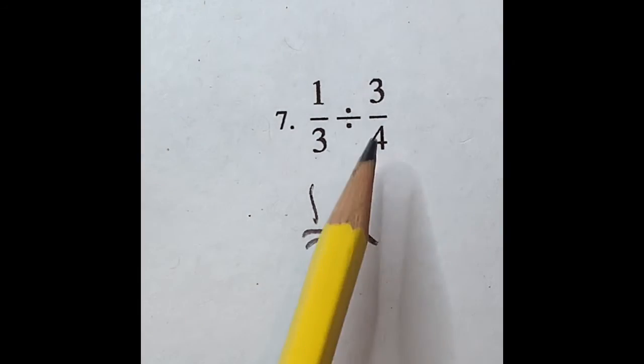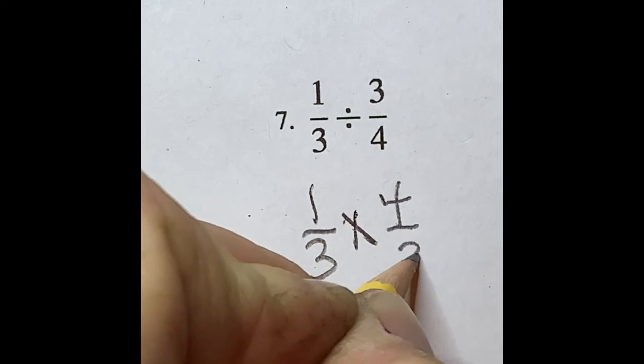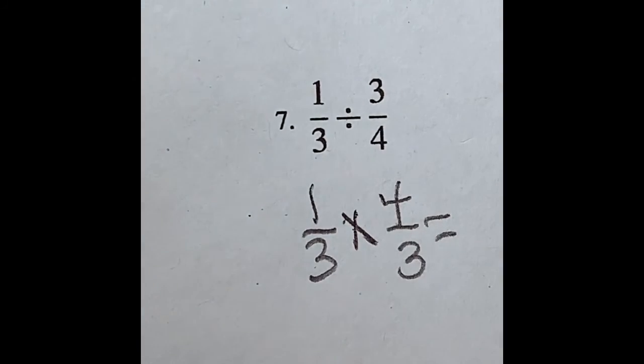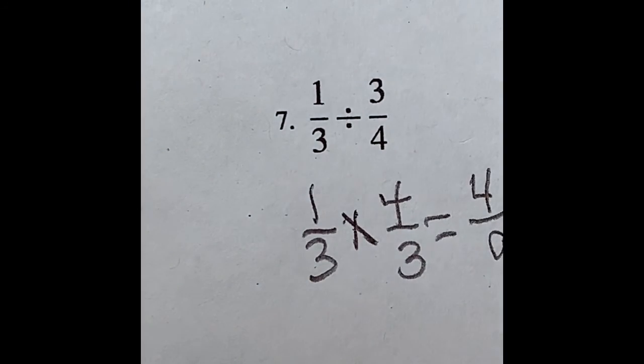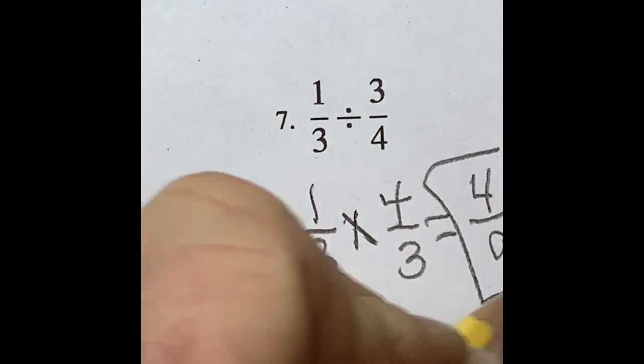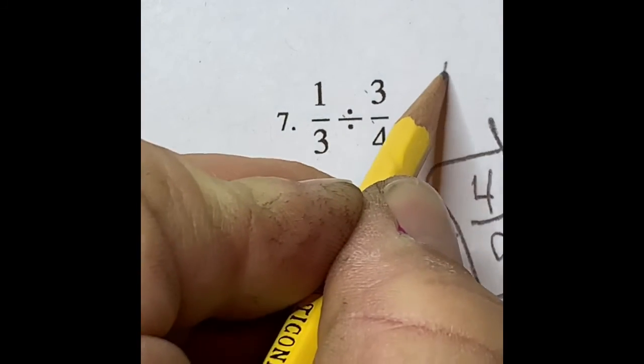Yes, into 4/3. Okay. All right, let's do the math. 1 times 4 is 4. 3 times 3 is 9. Whoa, Maritza, you did great. Good job. So we know that 1/3 divided by 3/4 is 4/9.